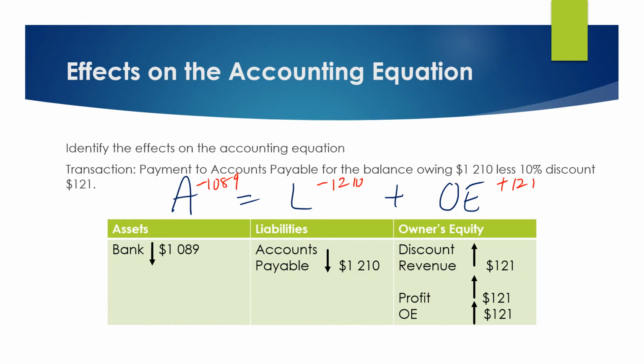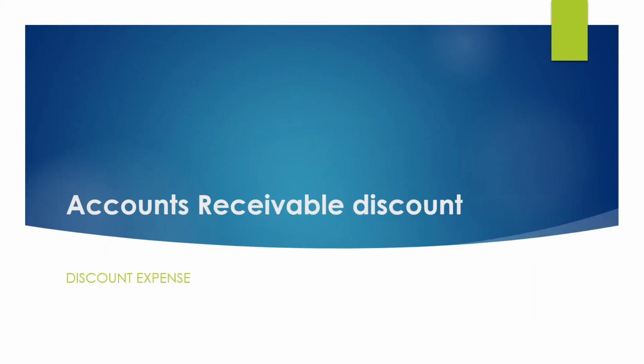Here we can confirm that our accounting equation definitely remains balanced because on the left side we have a decrease of $1,089, and on the right side we also have a net decrease of $1,089.